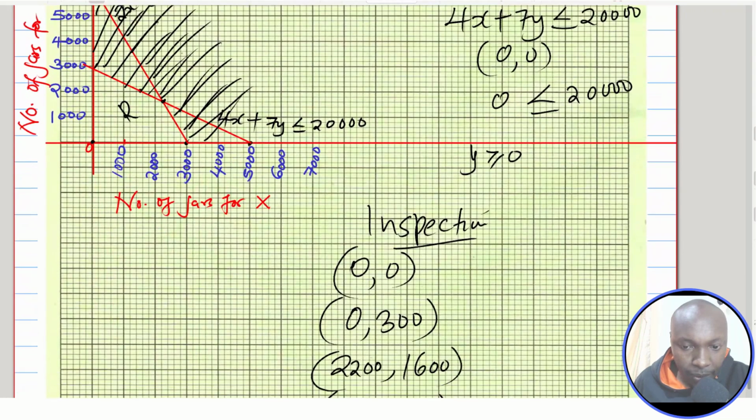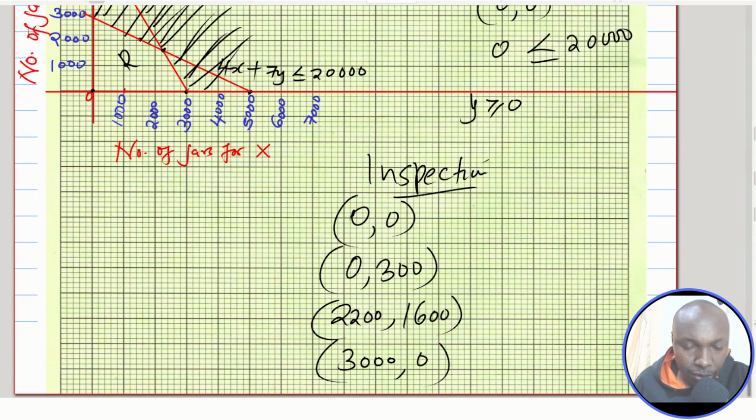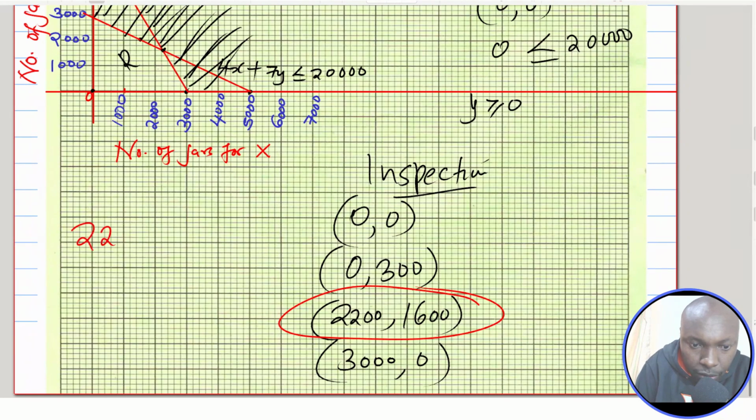The number of jars for grade A is 2,200, so 2,200 jars of A, and 1,600, not 16,000, 1,600 jars for grade B.